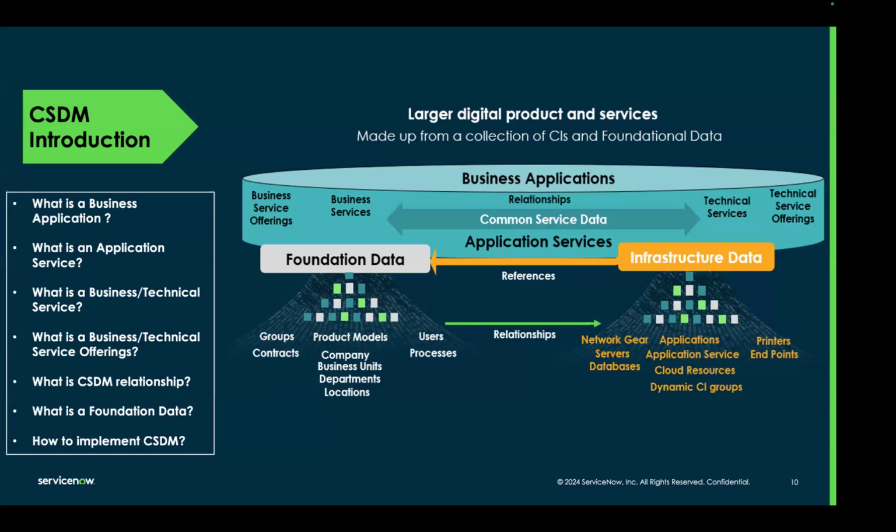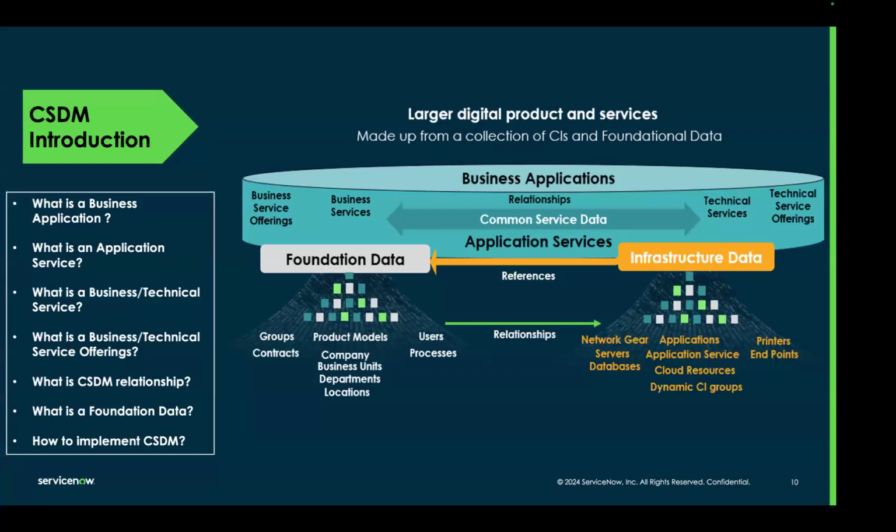Then we can move to the stage of what kind of approach to use to implement CSDM. Let's start from the business application. A business application is the design view of an application service, which is an application you can purchase externally, or develop your own internally to support your business capabilities.